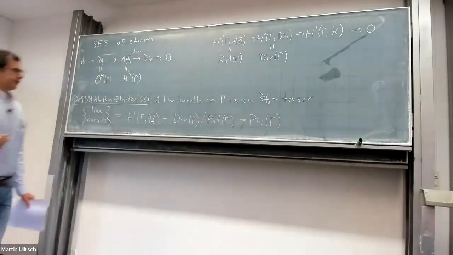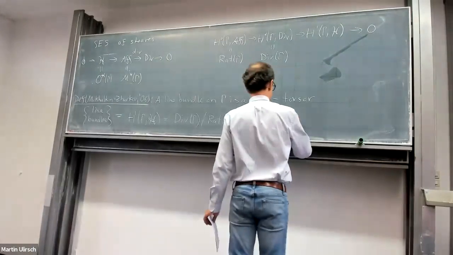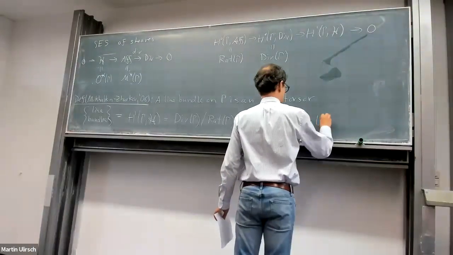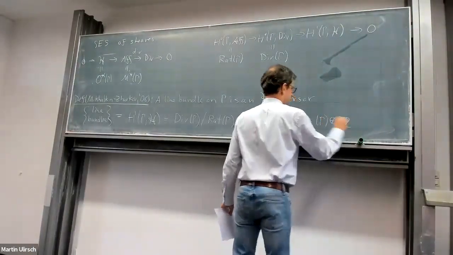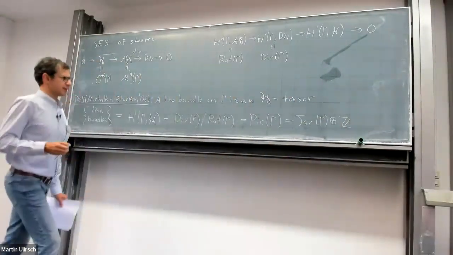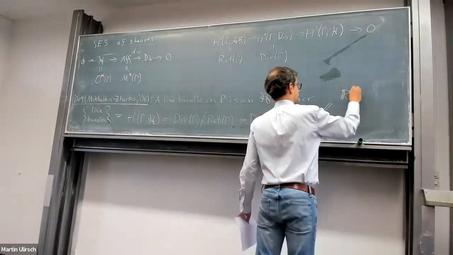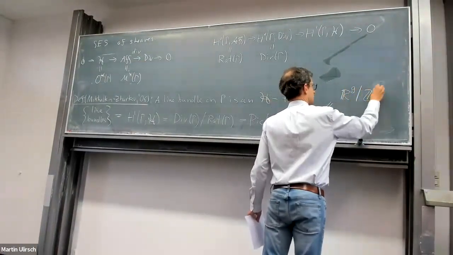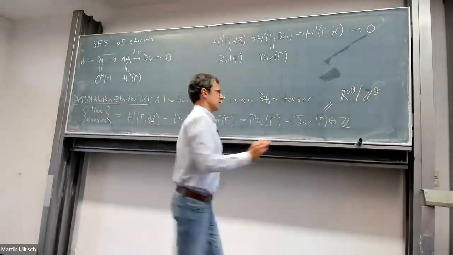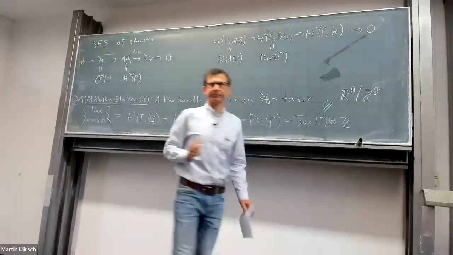And it is non-canonically isomorphic to the Jacobian of your metric graph times Z, which is called the degree. And so this guy is a g-dimensional real torus. So it's isomorphic to R^g mod Z^g.